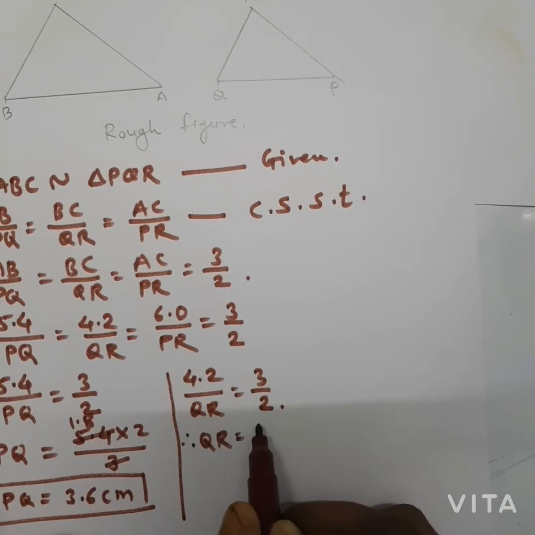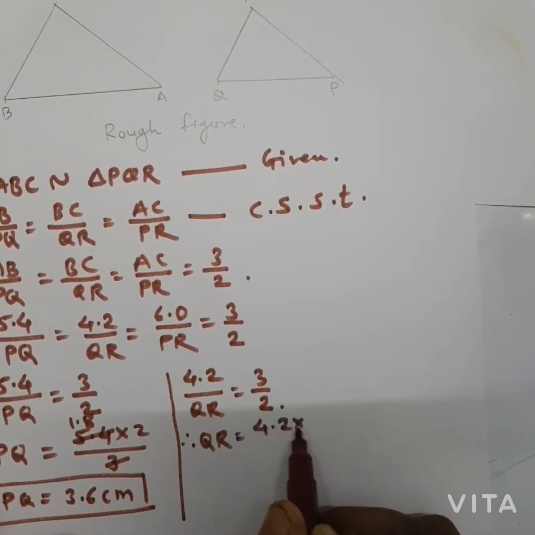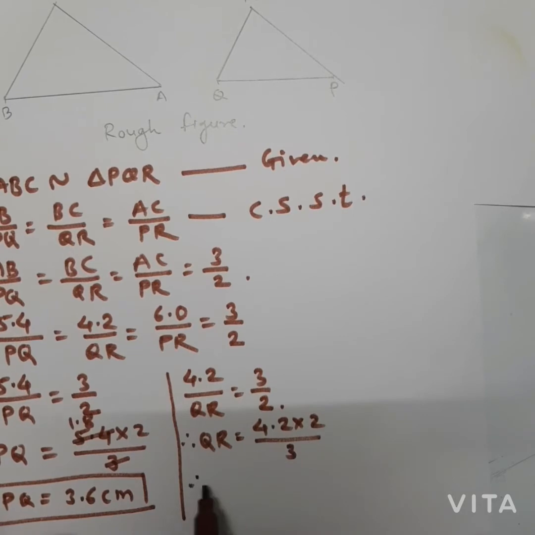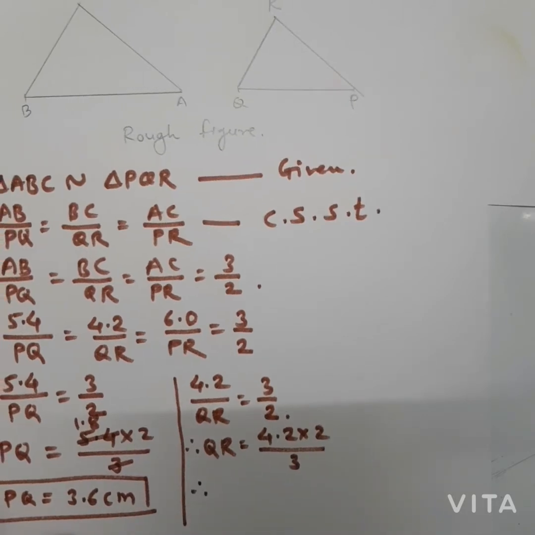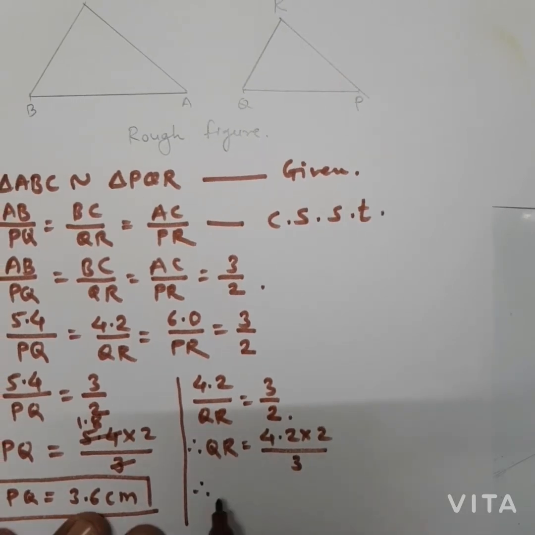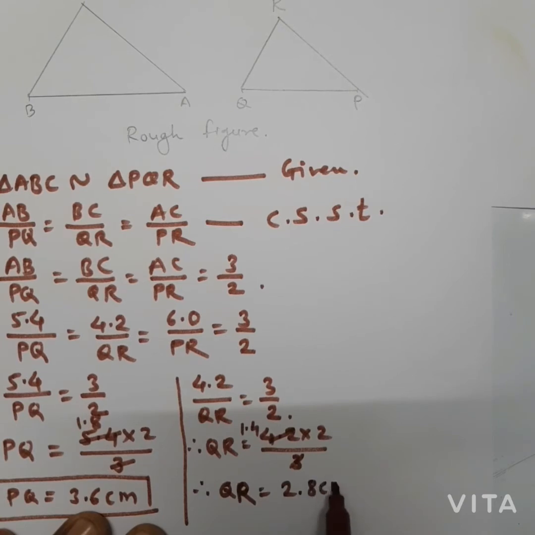Then if we consider the second ratio, 4.2 upon QR is equal to 3 upon 2, therefore QR is equal to 4.2 into 2 upon 3. Here 14 threes are 42, means 1.4 into 2, that is 2.8 centimeter.